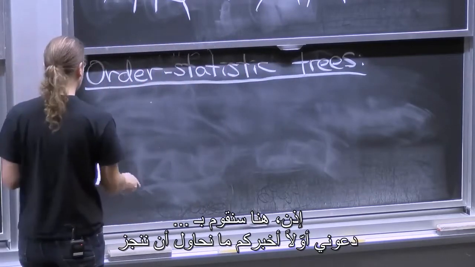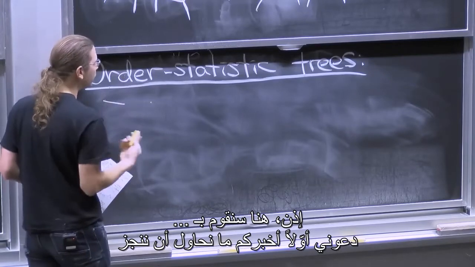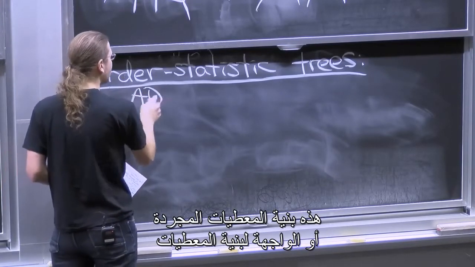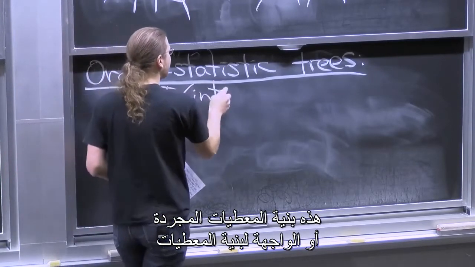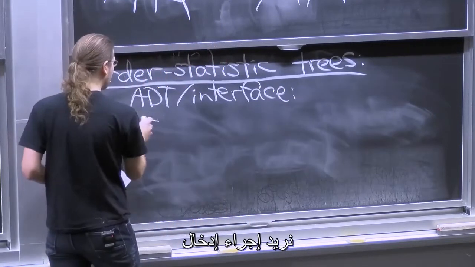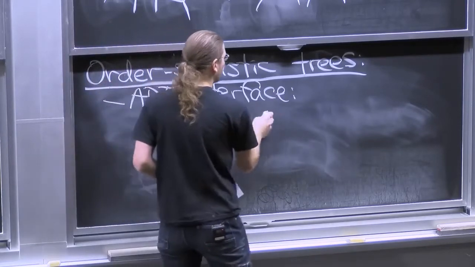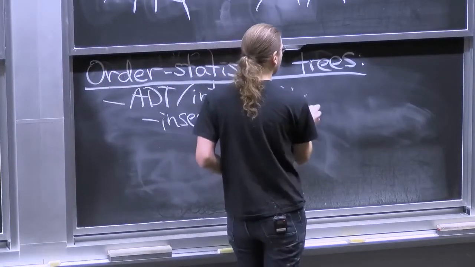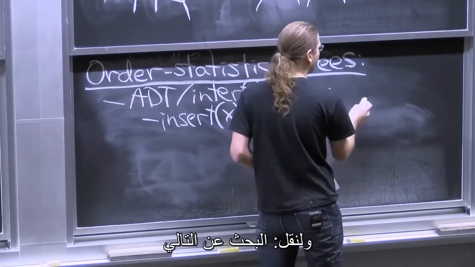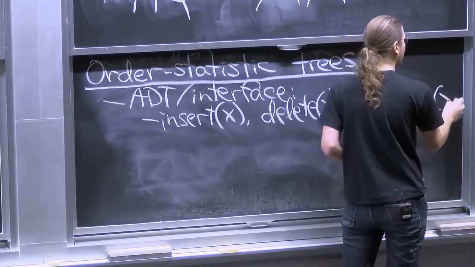So here, let me first tell you what we're trying to achieve. This is the abstract data type, or the interface of the data structure. We want to do insert, delete, and say successor searches.